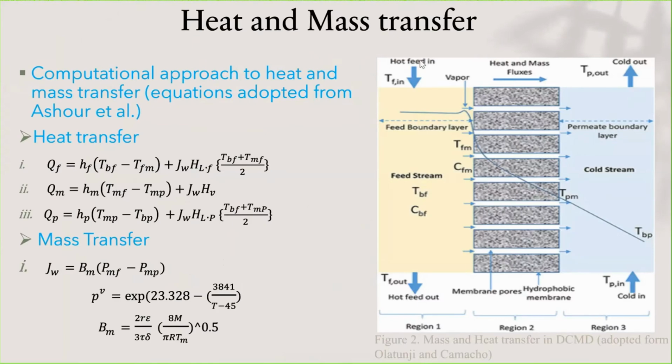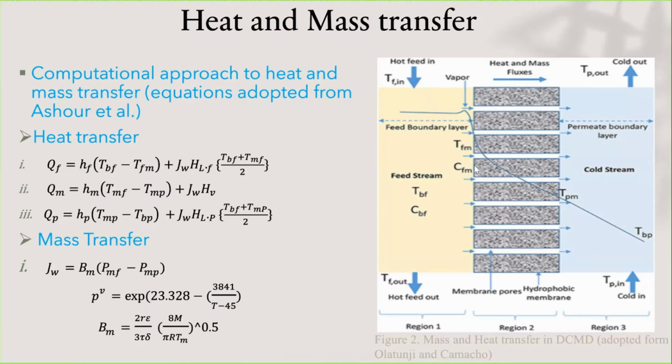Heat and mass transfer through DCMD occurs while the water vapor passes through the pores of the membrane. Heat transfer happens in three regions. The first region is the heat transfer from the feed side to the feed-membrane interface, through the feed thermal boundary layer, from this side of the feed to the membrane. This is the membrane.